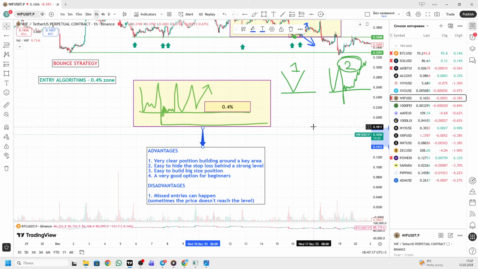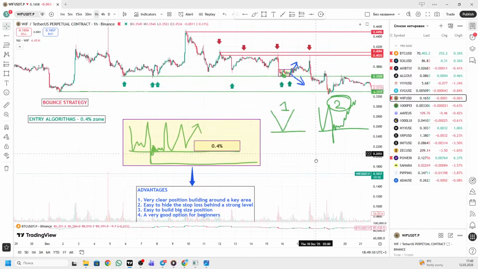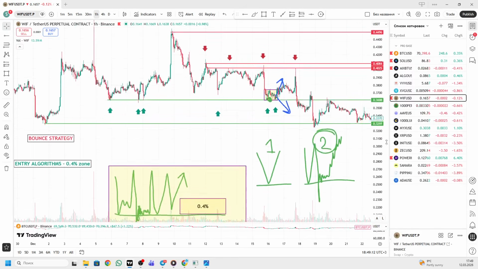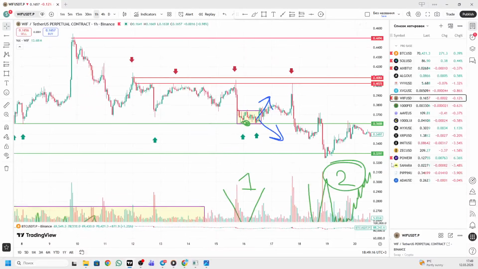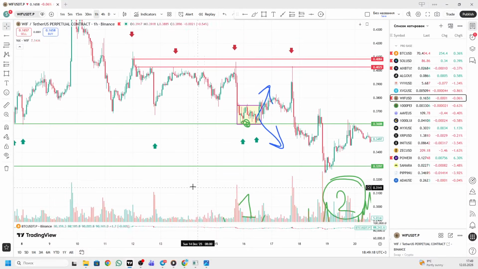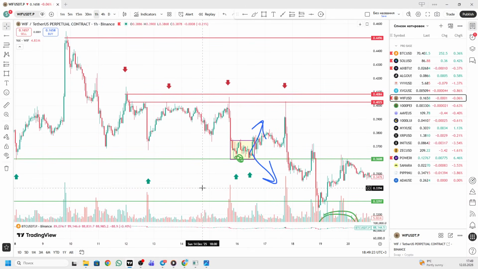Okay, so now let's go on. Now look here. Let's get back again here on our chart. Let's go like this, a little bit wider in order for you to see it.